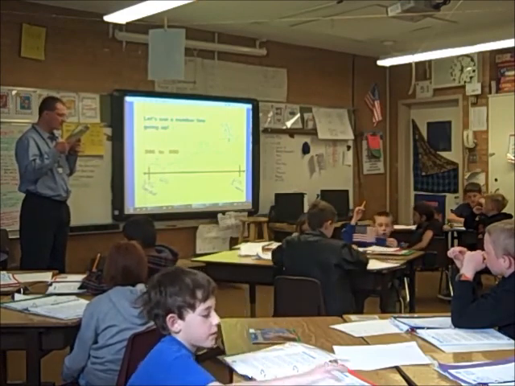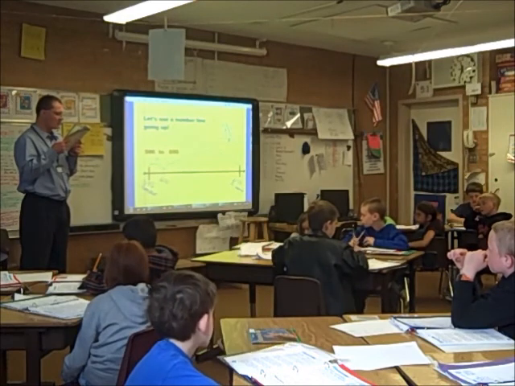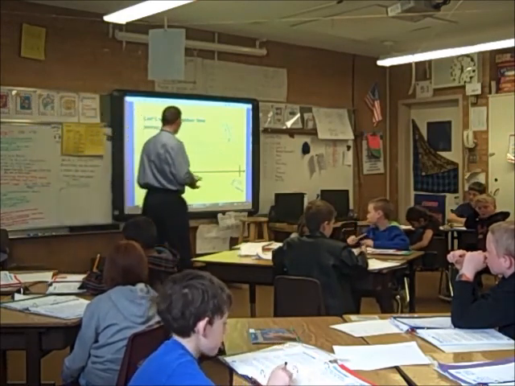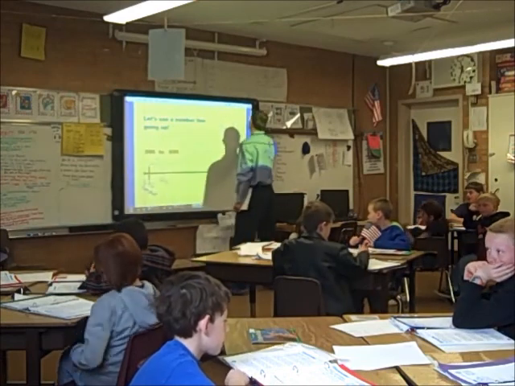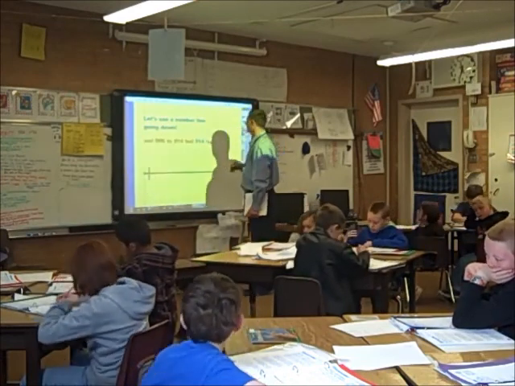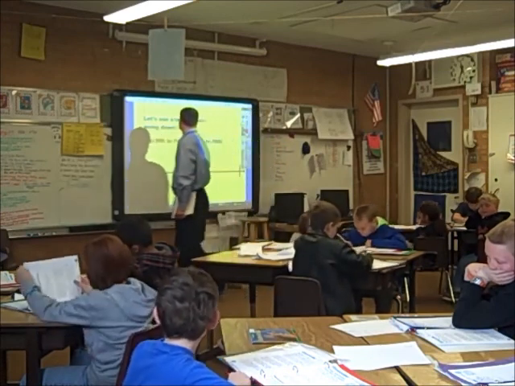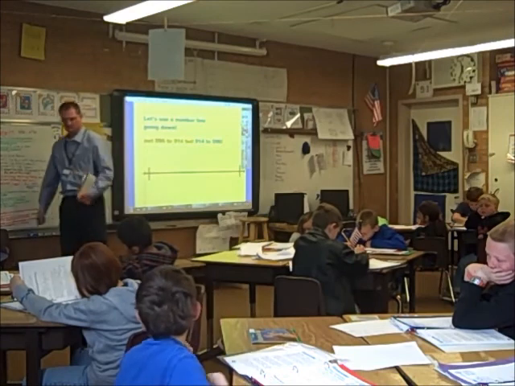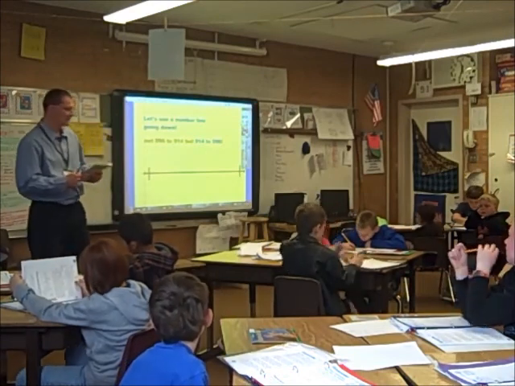Let's do this one. What if we want to find the distance between Scotts Bluff and South Pass? How do we start to figure that out? South Pass is how many miles?